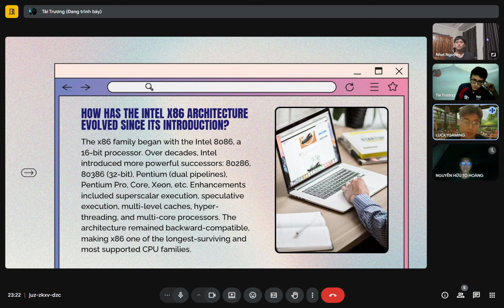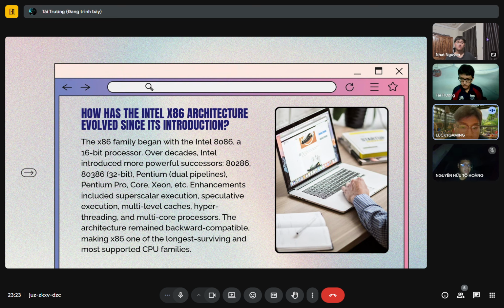Over decades, Intel introduced more powerful successors, the 8088, 80186 and 286, the 80386, the 32-bit Pentium with dual pipelines, Pentium Pro, Core, Xeon, etc.